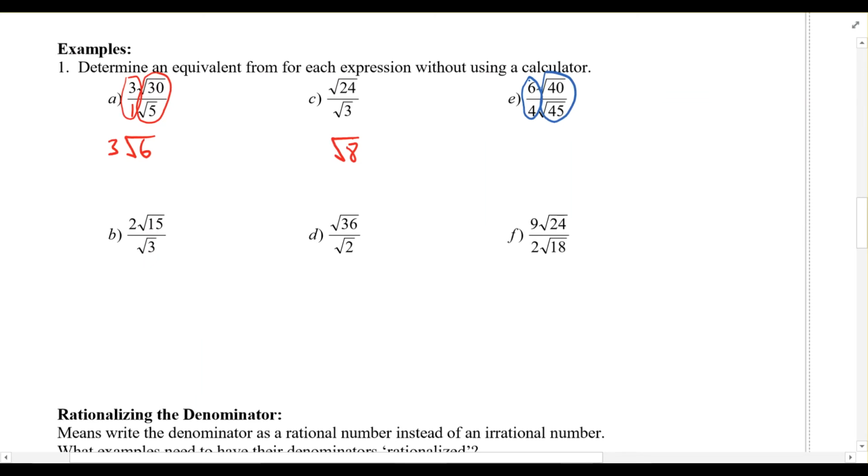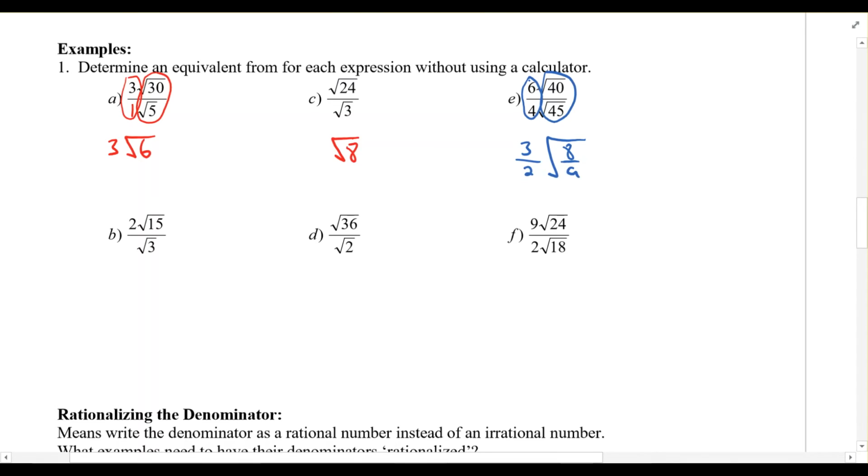So if we were going to simplify 6 over 4, I'd say, okay, well, what goes into 6 and into 4? Well, 2 does. So 6 divided by 2, that's 3. 4 divided by 2 is 2. So 6 over 4 simplifies to 3 over 2. What goes into 40 and into 45? Well, 5. So this will just simplify to the square root of 8 over 9.